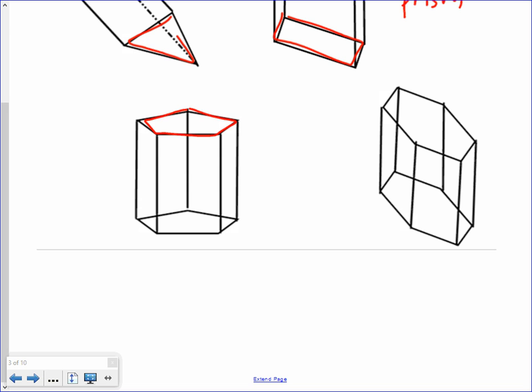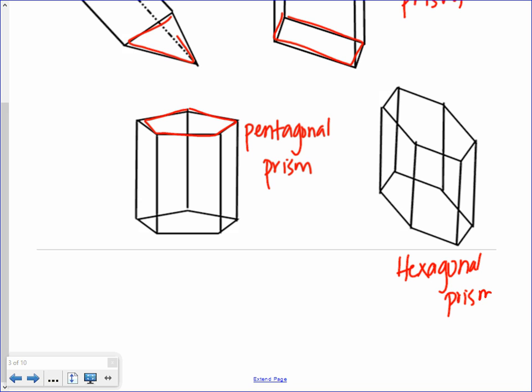Five sides. Pentagon, pentagonal prism. And then this last one, Louis? Hexagonal prism. Good. Quick little refresher from yesterday. We named prisms based on the shape of their bases.